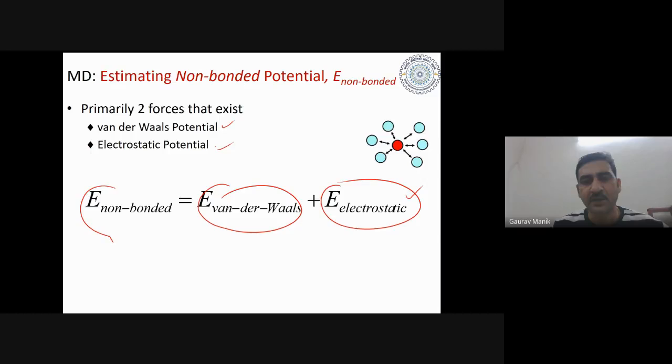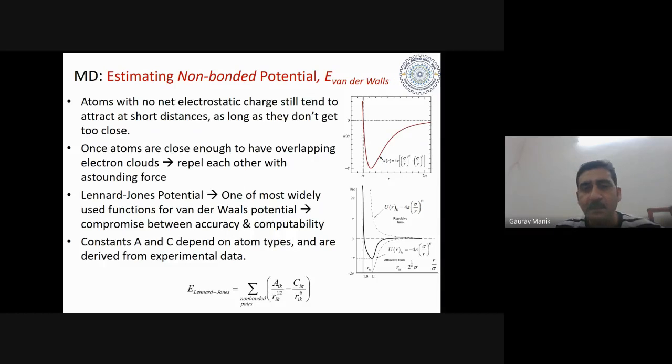So you find this out, and the van der Waals potential is generally of this form, which is 4 epsilon times sigma by r raised to the power 12 minus sigma by r raised to the power 6. This is plotted as a function of distance, and over here you have the potential.